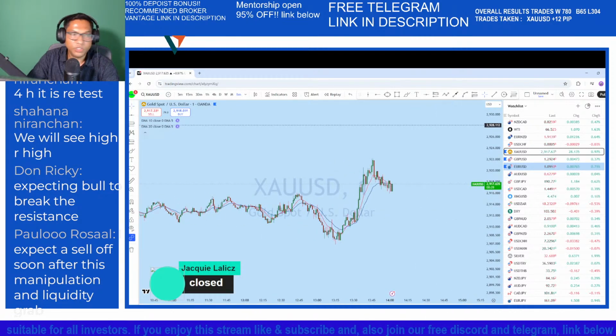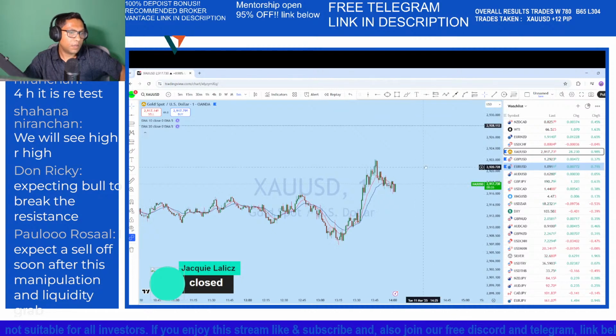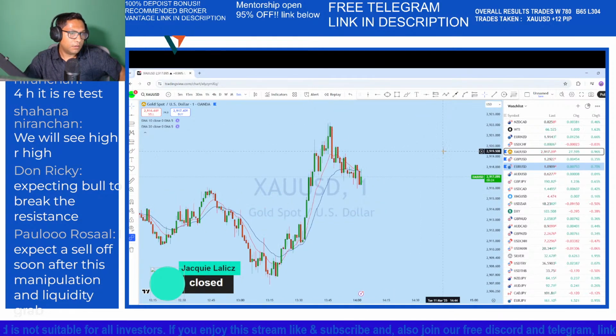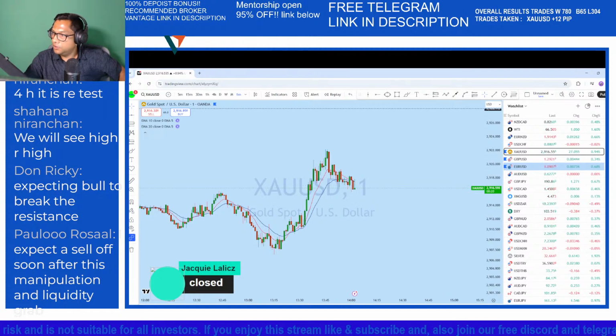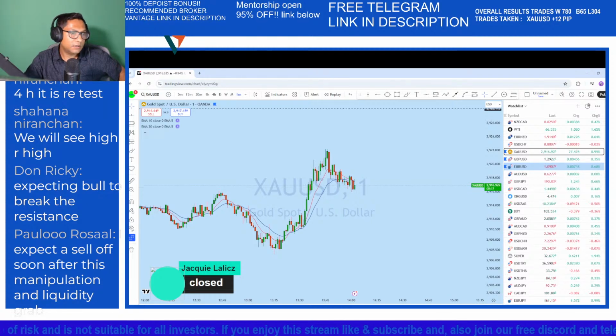We're getting some bullish bias, so we would like to see that it is in fact showing that bullish bias. If not, we might see the market break below.